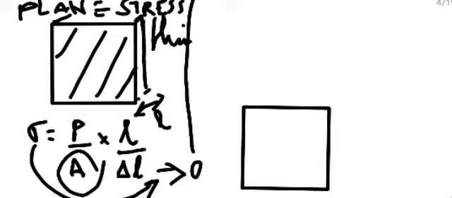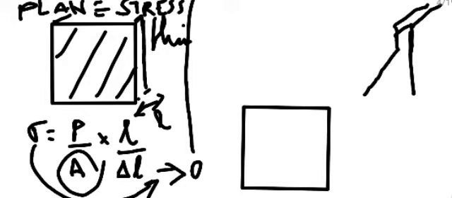Plane stress condition. And now suppose we are considering the case of gravity dams or such things. Its length is too large as compared to the cross-sectional area.